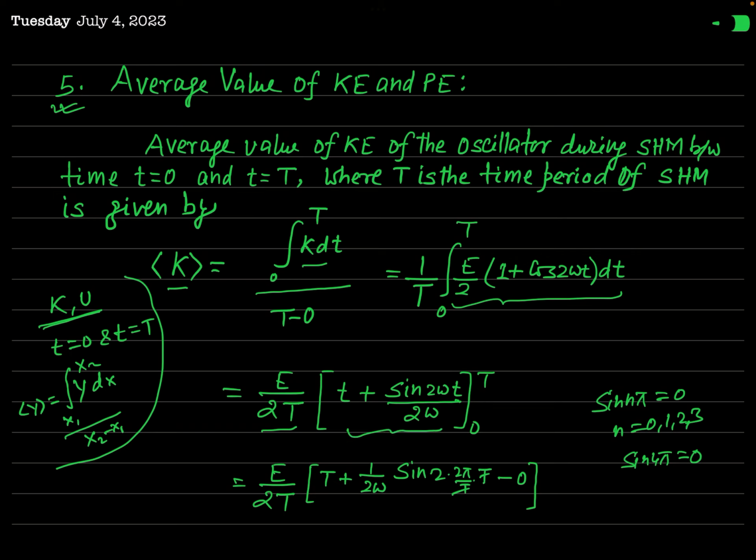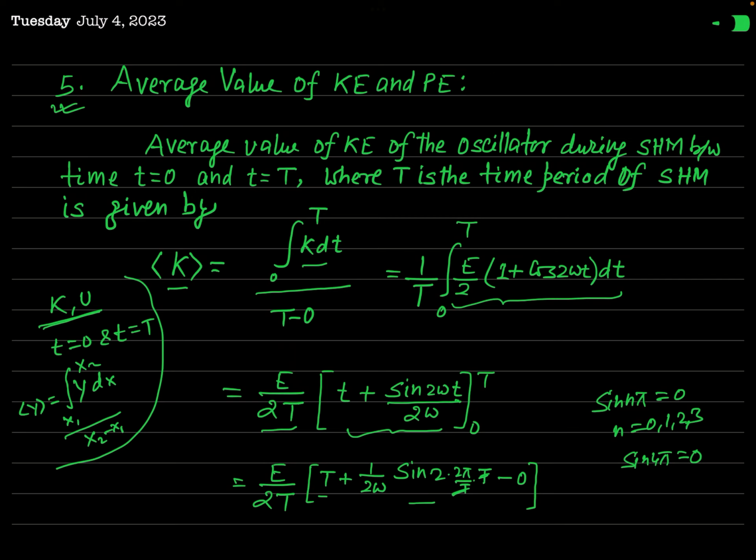This integral is this much, and the limits are 0 and capital T. Now let us put in the limits. In place of t there will be capital T, and in the second term this will be 1 over 2 omega sine 2 omega t. But omega is 2 pi divided by capital T, and instead of t we will now write capital T. Now this t and this capital T will cancel out.